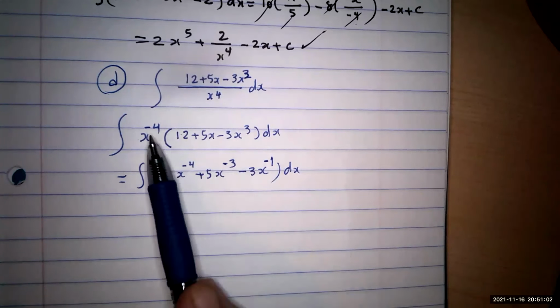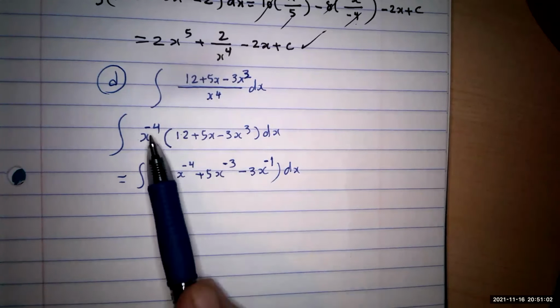The integral of 12 times x to the negative 4 plus 1, which is negative 3, over the negative 3, plus 5 times x to the negative 3 plus 1, which is negative 2, over negative 2, minus 3.